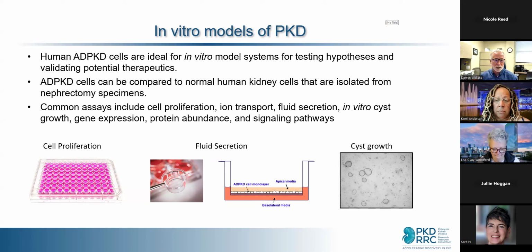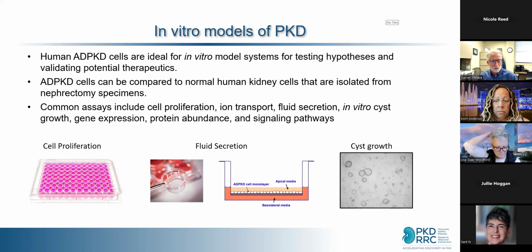We can grow normal human kidney cells from those tissues, but a lot of times we get kidneys from a transplant network here in Kansas City from kidneys that can't be transplanted for one reason or another, such as anatomical problems or vascular problems, or perhaps the kidney has slightly higher glomerular sclerosis than what would be accepted.